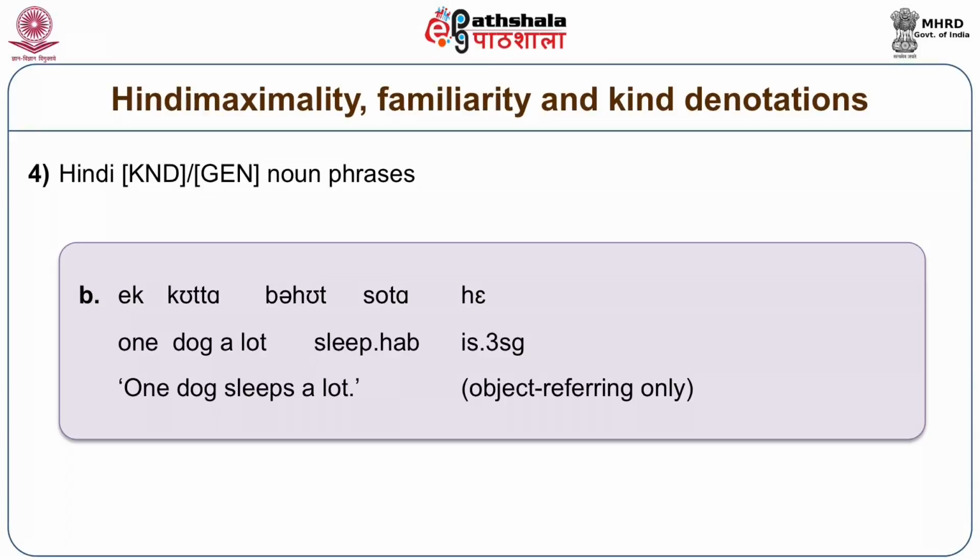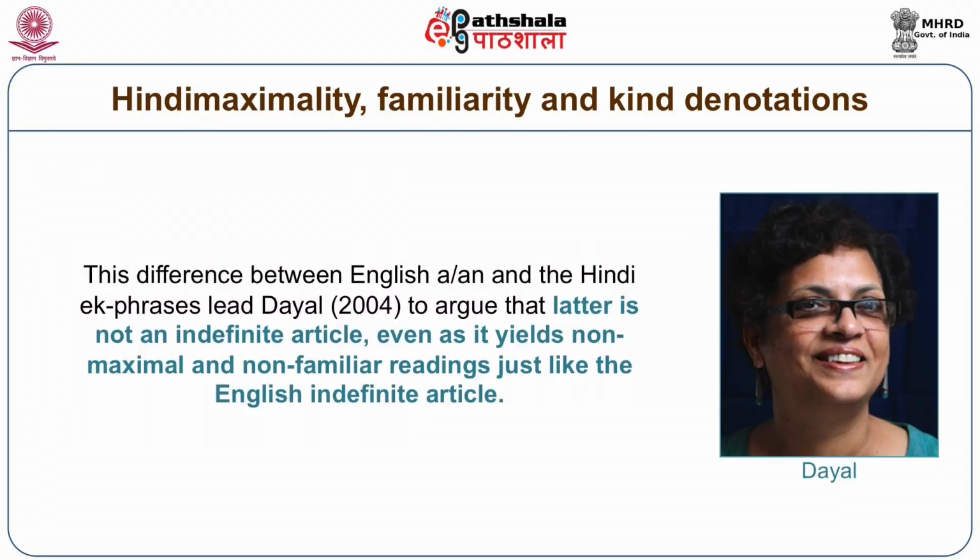Hindi ek noun phrases, however, do not ever receive a kind or generic interpretation. एक कुत्ता बहुत सोता है can only have the interpretation that this refers to an object in the world and not to the kind. This difference between English indefinite marked noun phrases and Hindi ek noun phrases leads Dayal to suggest that ek is not an indefinite article, even as it can yield non-maximal and non-familiar readings.